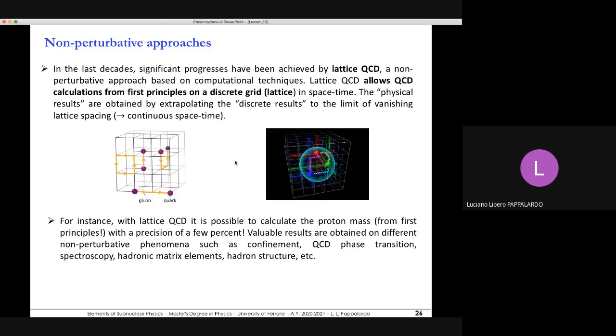Valuable results are also obtained on different non-perturbative phenomena such as confinement, QCD phase transition, spectroscopy, hadronic matrix elements, atom structure, etc. So Lattice QCD is now becoming a really important and reliable tool for first principle calculation in the non-perturbative regime of QCD.